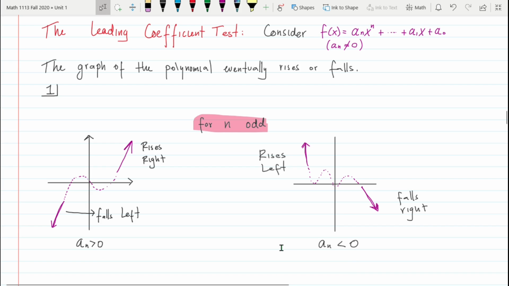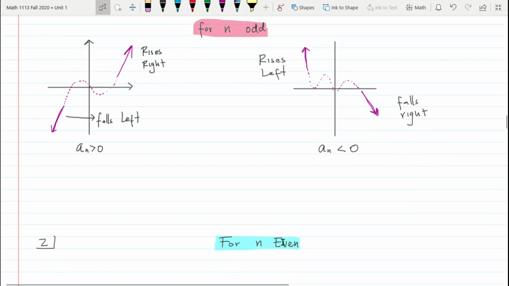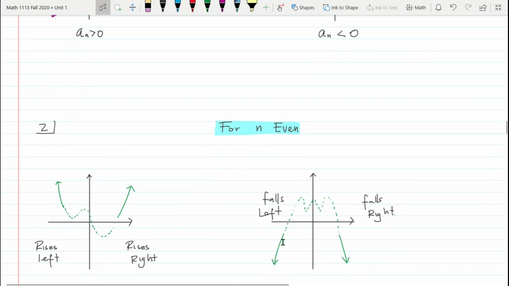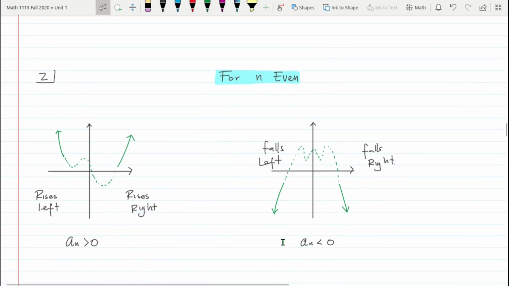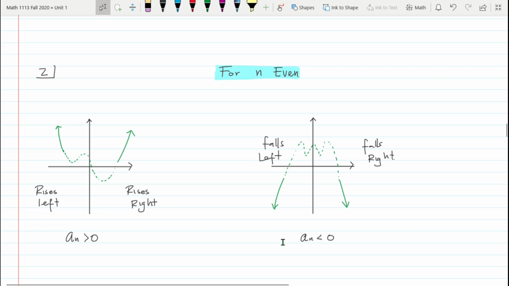So these pretty much are opposite directions of each other, right? Only because the coefficient is positive or negative. Then when we have even powers, it's a little easier because they kind of point in the same direction. So if the power is even and the coefficient is positive, then you have both legs rising.